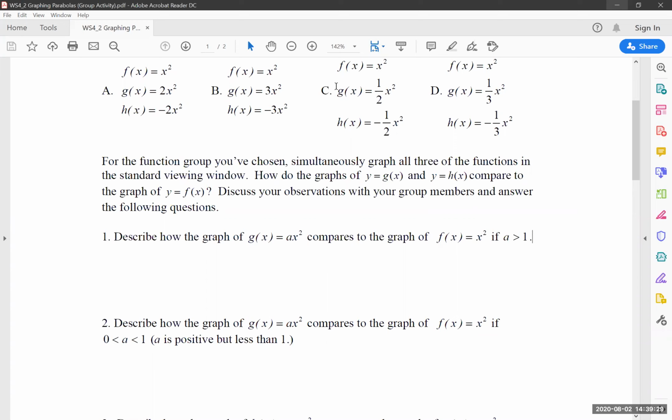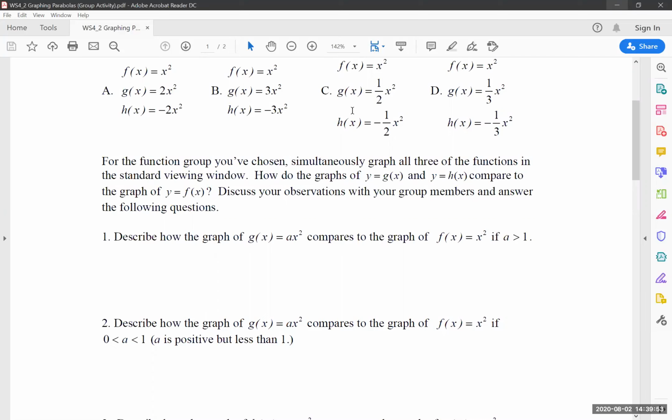So this is referring to the g of x function. So what we can say here is that when we multiply our quadratic function by a fraction value, a positive fraction value in this case, we're going to see the parabola compress, or it's going to open up slower, or it's going to be wider, using any of those descriptors.